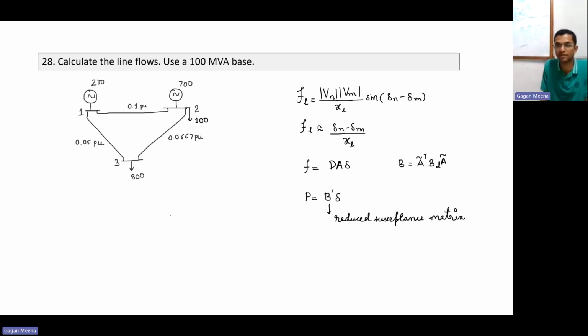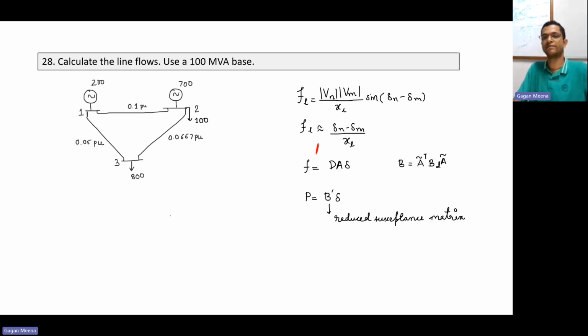Can use this method. Here we know that line flow is this, and voltage we are taking as 1 in DC power flow. Because the angle difference is very close to 0, this becomes delta n minus delta m. Flow becomes delta n minus delta m divided by XL.